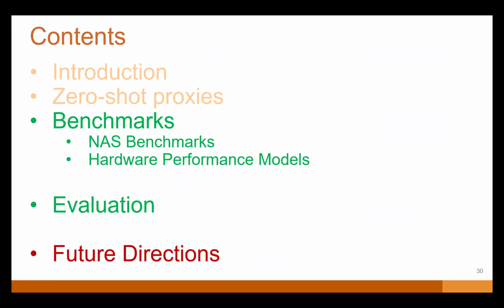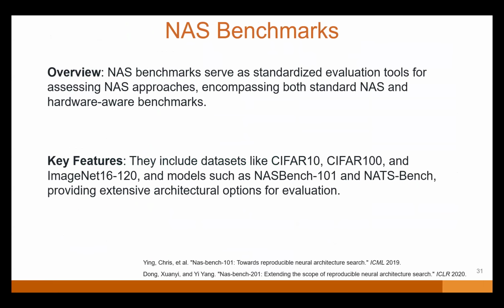So essentially, evaluation. David covered some of the benchmarks. That makes my life a lot easier. So I'm going to focus just on the second part. The benchmarks are specifically developed for NAS evaluations. In other words, they provide you certain datasets like CIFAR-10, 100, or whatever, but also certain model architectures to deal with.